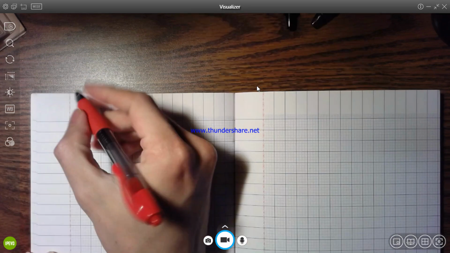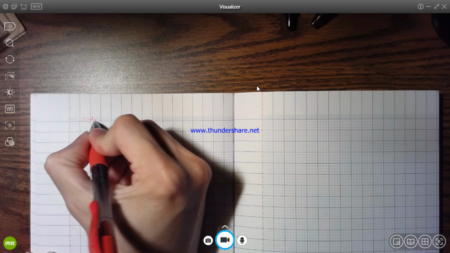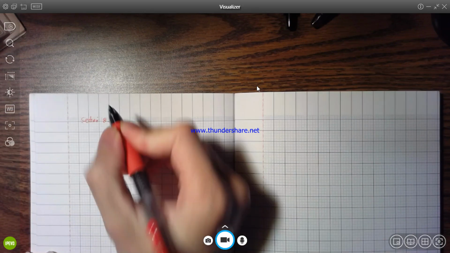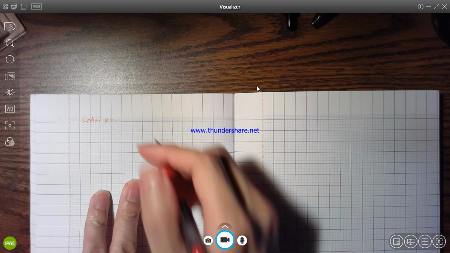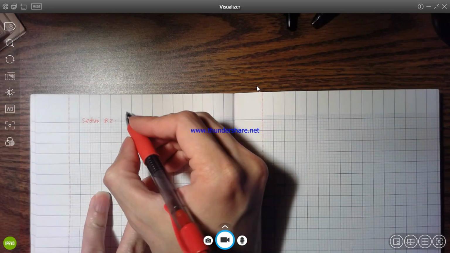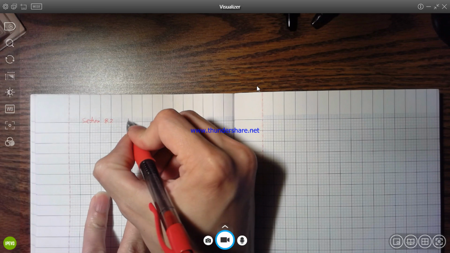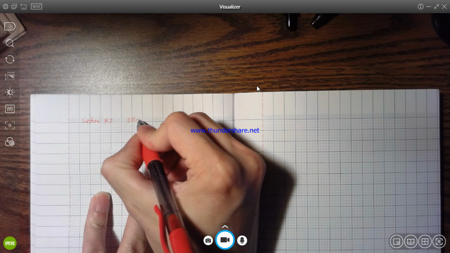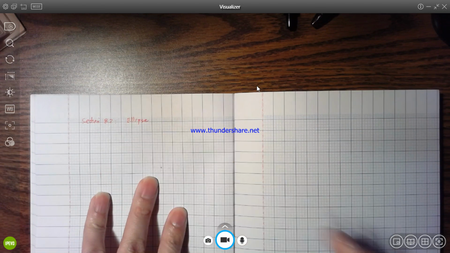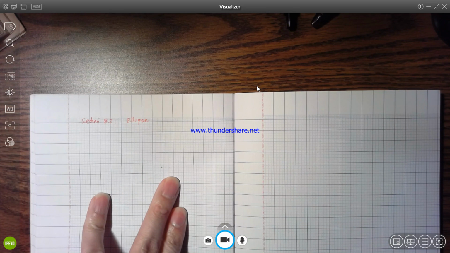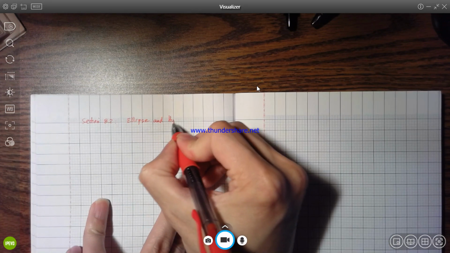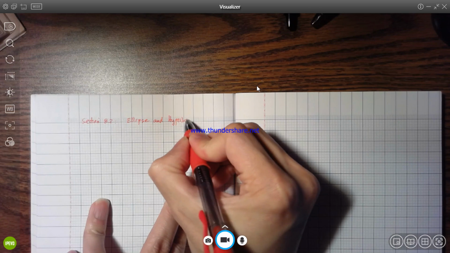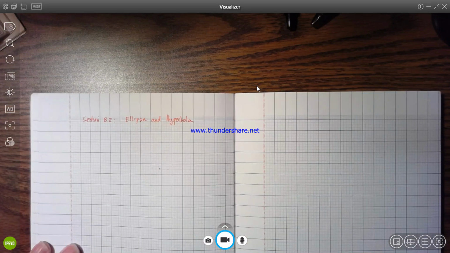In section 8.2, we'll be discussing the last two conic curves. The first conic curve I want to talk about is the ellipse, and the second conic curve is the hyperbola. So what is an ellipse and what is a hyperbola?